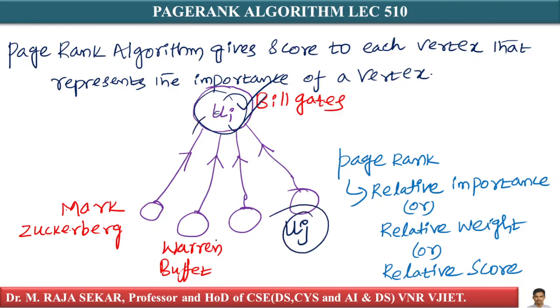A celebrity has a much higher probability of getting an edge from a random user UJ than if it were me or you, we are not very important.